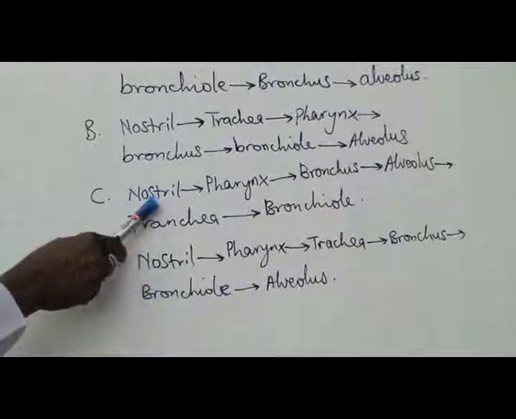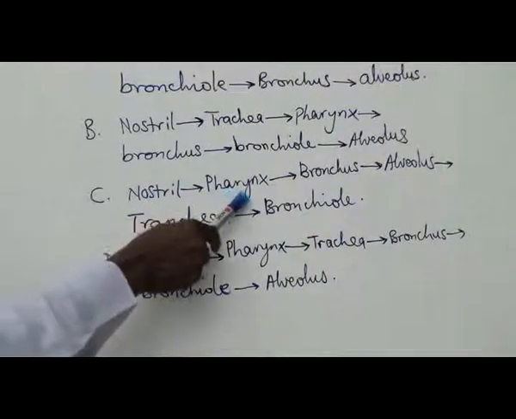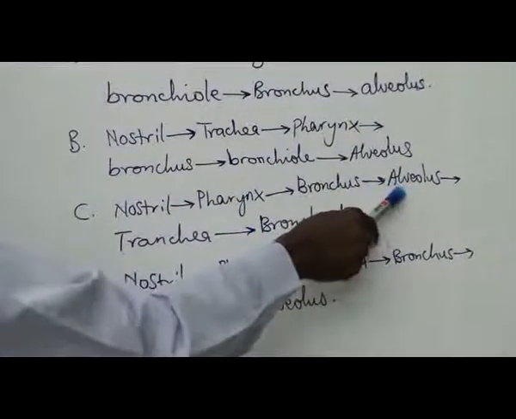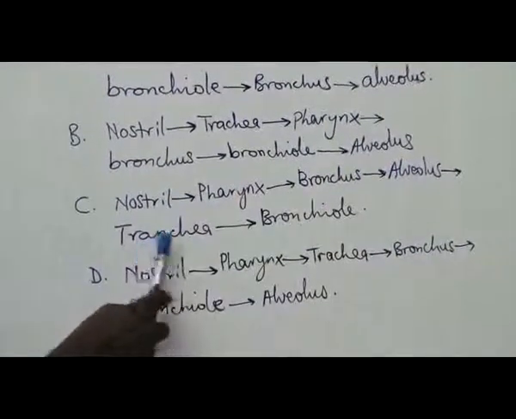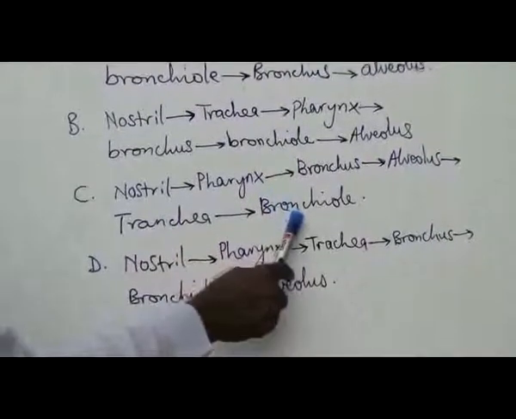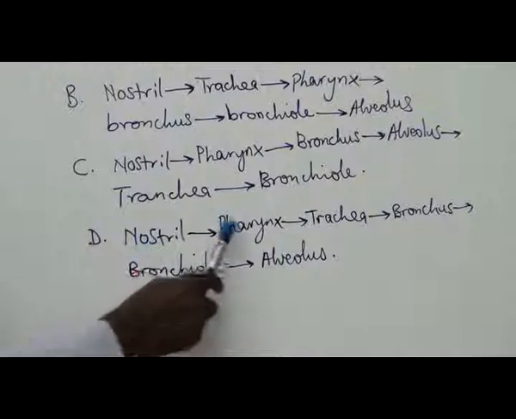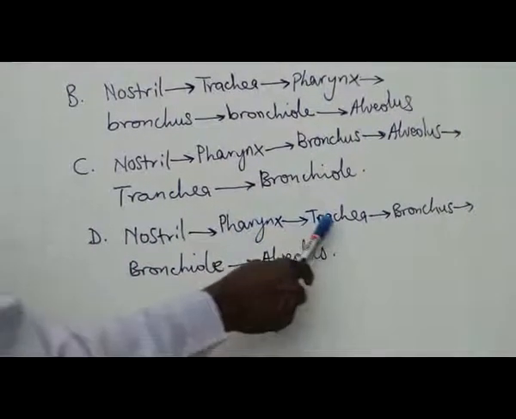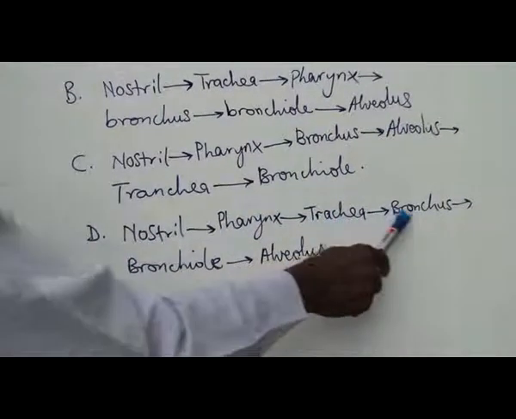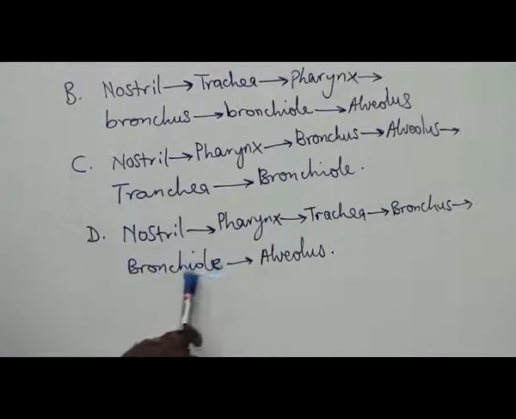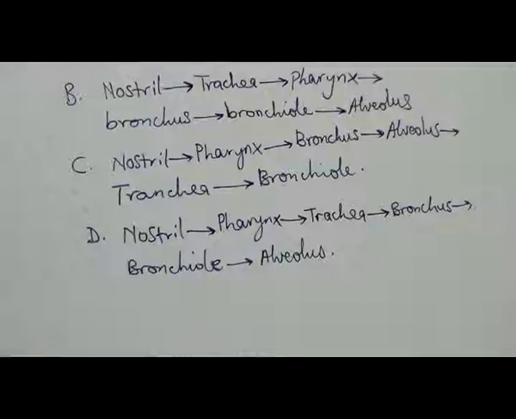C. Nostril to pharynx, pharynx to bronchus, bronchus to alveolus, alveolus to trachea, trachea to bronchiole. D. Nostril to pharynx, pharynx to trachea, trachea to bronchus, and bronchus to bronchiole, bronchiole to alveolus.